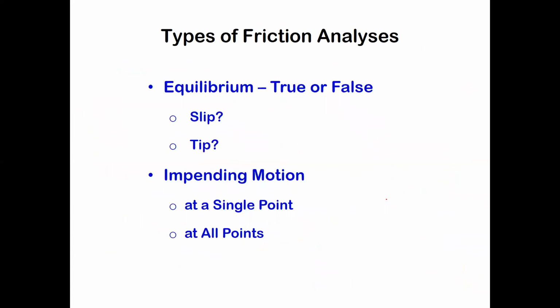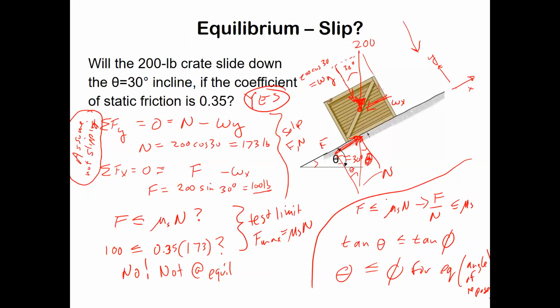Anyway, the point is we could have figured that out just by taking the arctangent of mu S, which would give us the angle at which it would still be stationary, right? And we have a calculator. What's the arctangent of 0.35? 19 degrees.